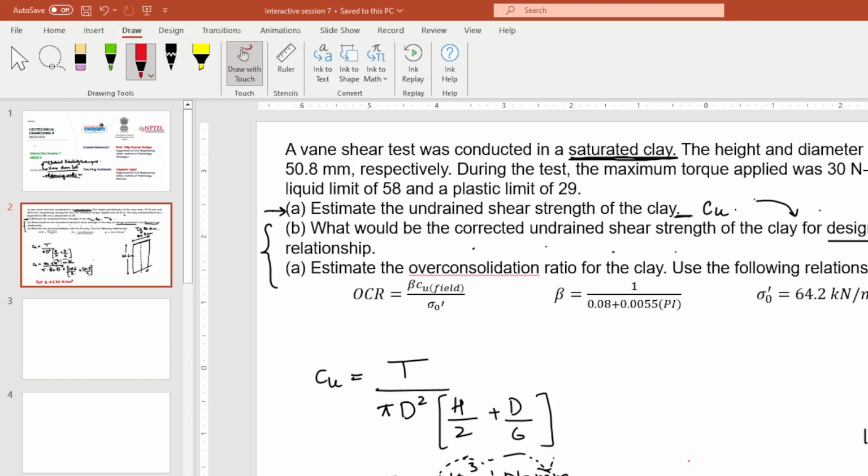So, as I mentioned, the undrained shear strength values from the actual tests are too high. So it is recommended that they are corrected according to an equation that has been given.